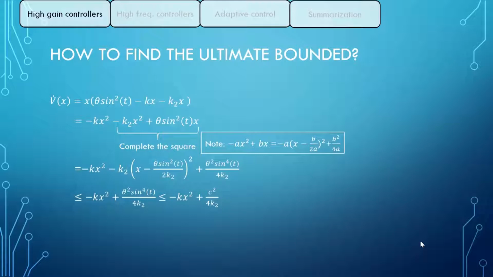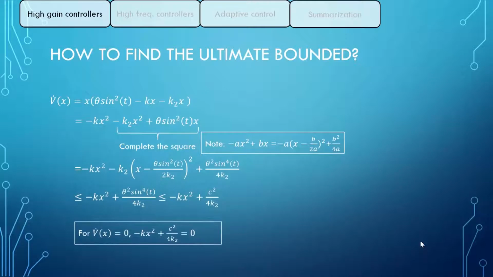We want the summation to be negative, and the negative value upper bounding V dot can be concluded as negative definite, right? So we want it to be negative, but there's no chance, so the best you can get is UUB. Can you understand? Okay, good question.